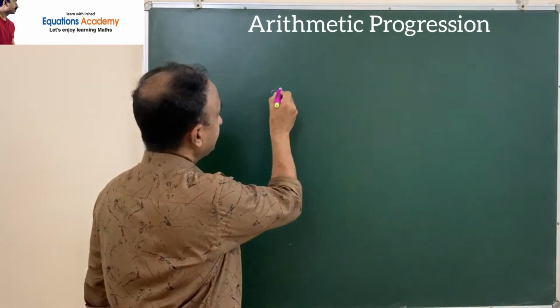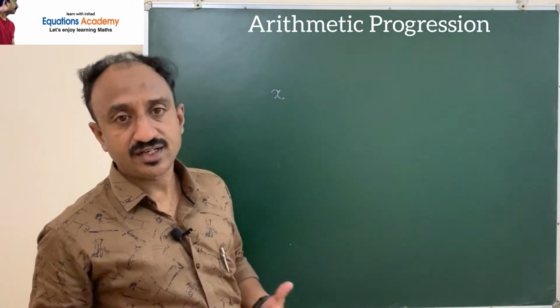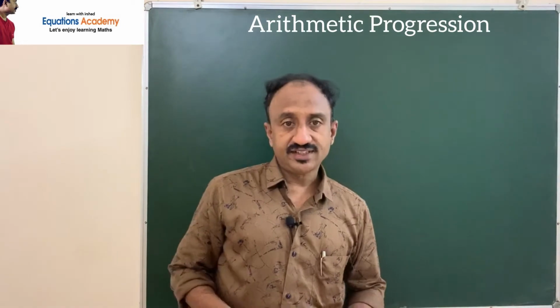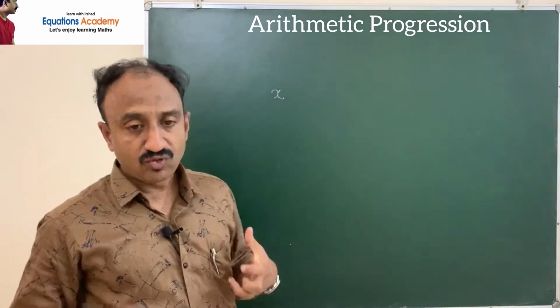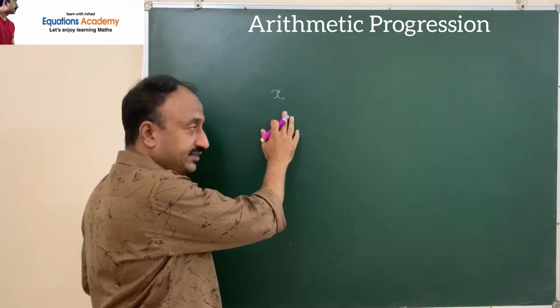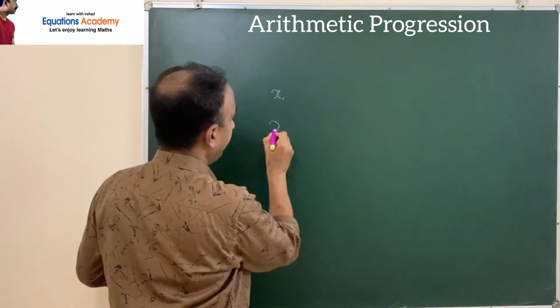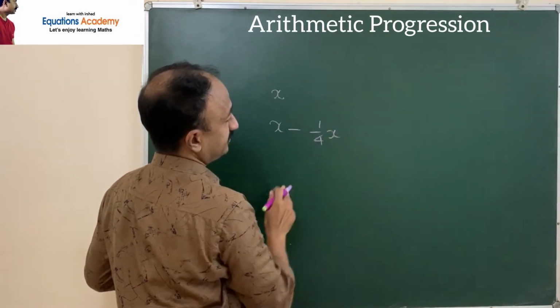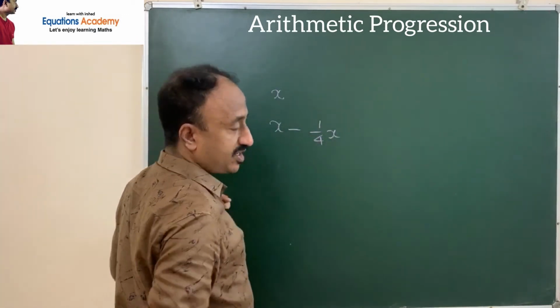It is given that the vacuum pump removes 1/4 of the quantity. So first will be x, then next will be x minus 1/4 of x.